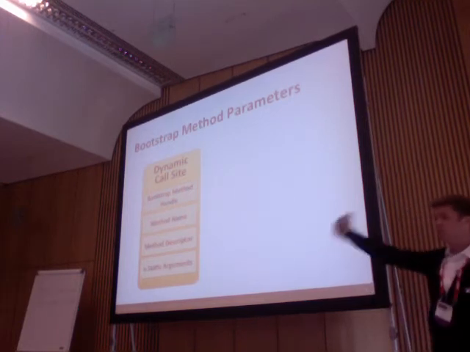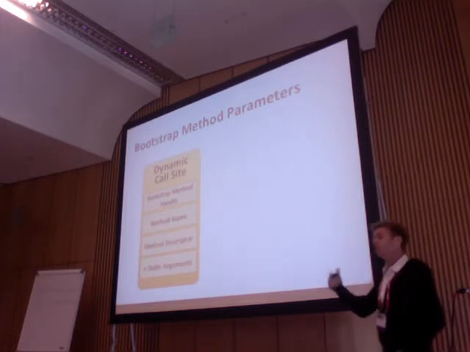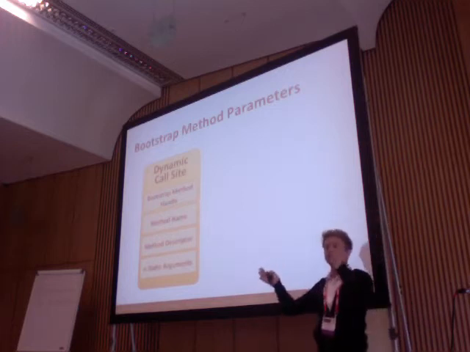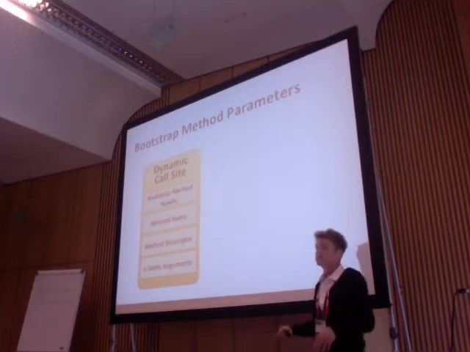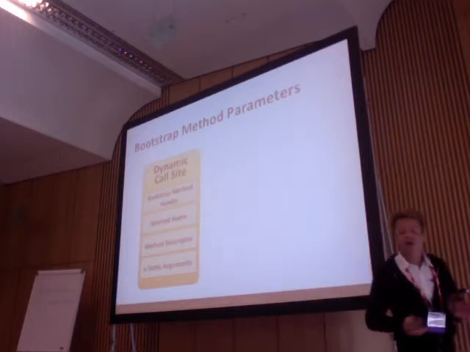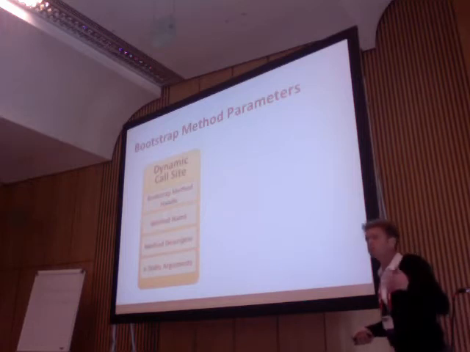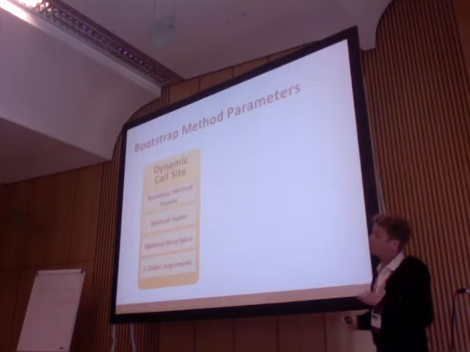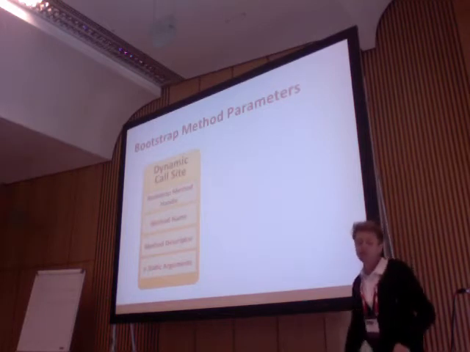So we need to specify the bootstrap method, the operator who knows. We need to give a method name for the method which should be created. We give a method signature, which is basically the parameters and the return type. And then we can also add static arguments. Static arguments are any arguments which might be specific to this particular bootstrap method we're calling. All types of the constant pool can be used here, like string, integer, long, float, double, and also the new types like MethodHandle. This is important, we will see later, for the Lambda creation.